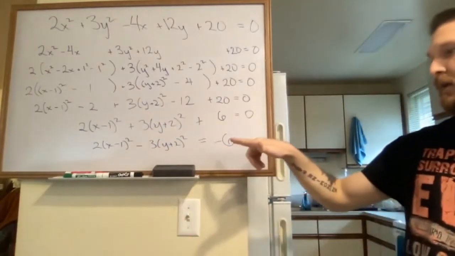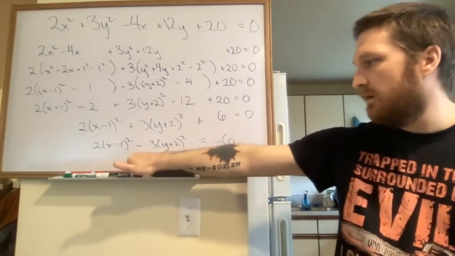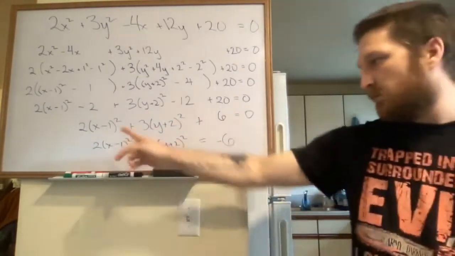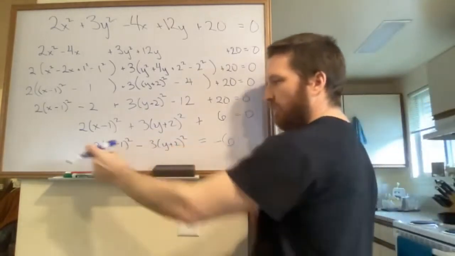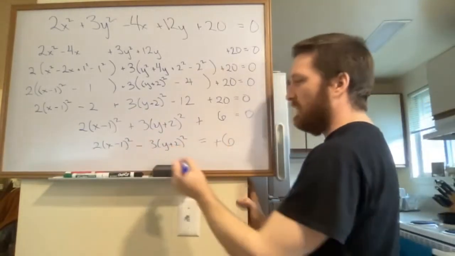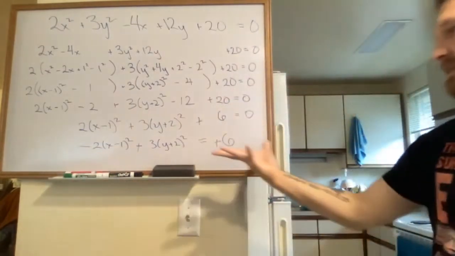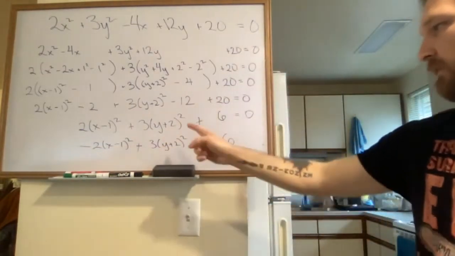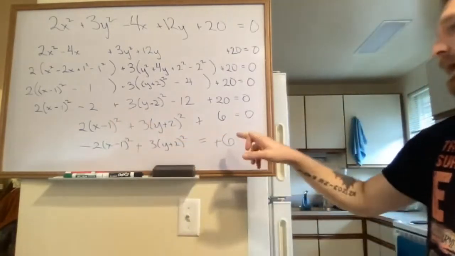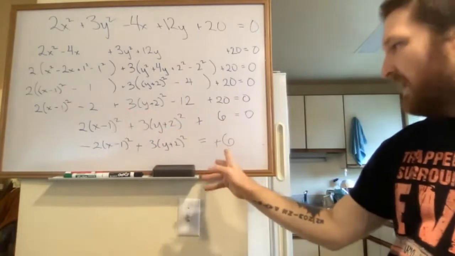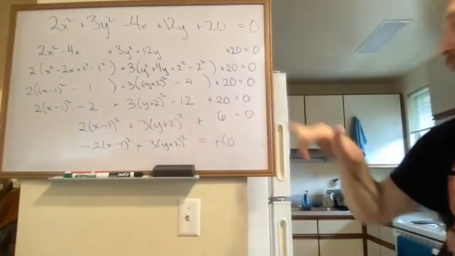Well, yeah, you can, because you have a minus here. If you end up with a negative over here, it is possible, because I could just multiply through by negative 1, making this positive, making this positive, making that negative, and we could see, oh, that's a hyperbola because you have a plus and a minus. And yes, we will have to divide by 6 and so on. But I could tell that would be a hyperbola.